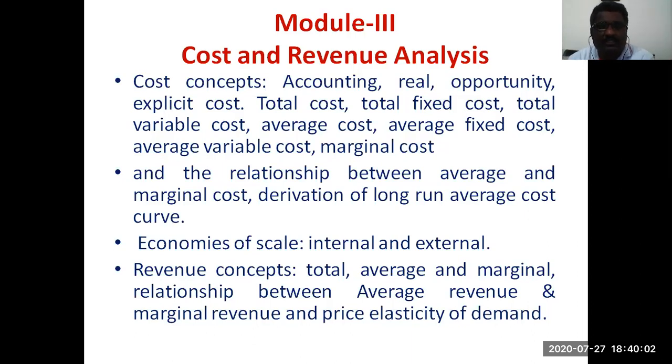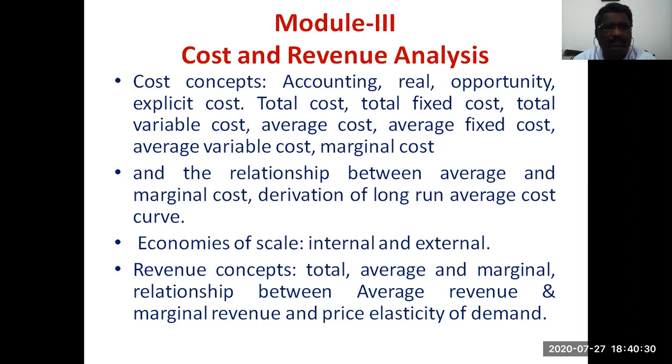These costs are borne by the producers or companies which have produced those products. To sell these products, these companies get revenue. So in this module, we explain the analysis of the costs and revenues.